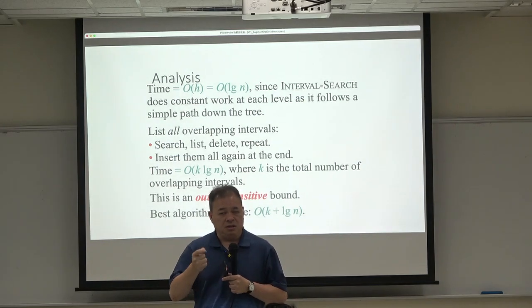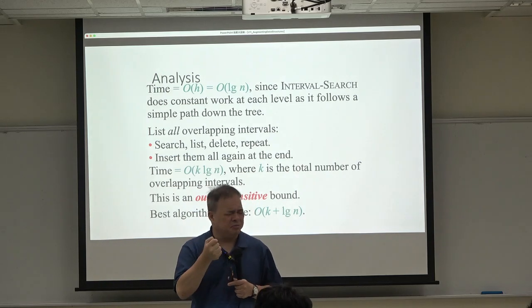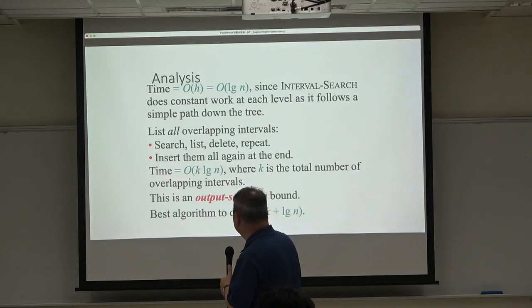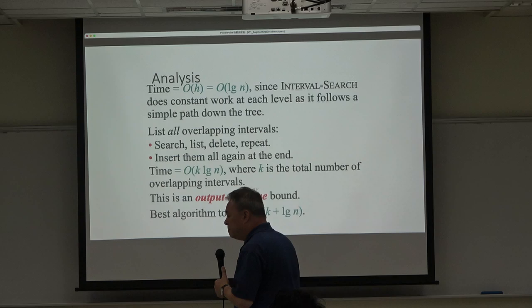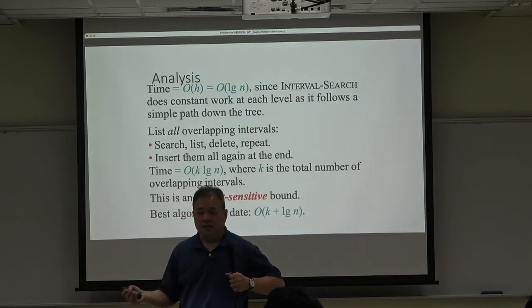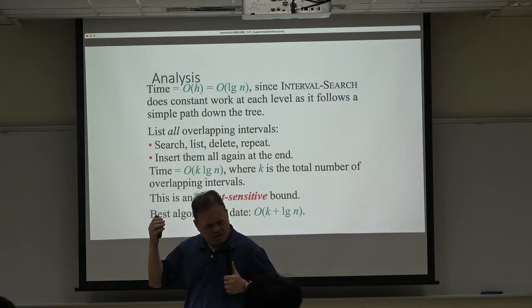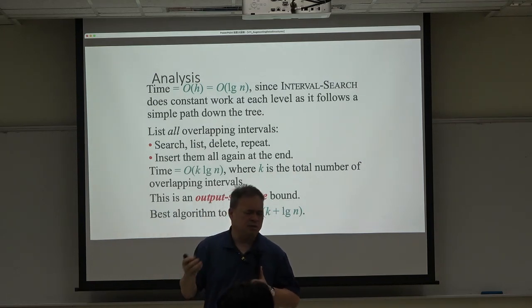In many applications, the size of the output is really not that big. So in this case, in k log n, k could be very small. But in the general case, it could be large. I cannot say it has to be small. It depends on the situation and on the application.